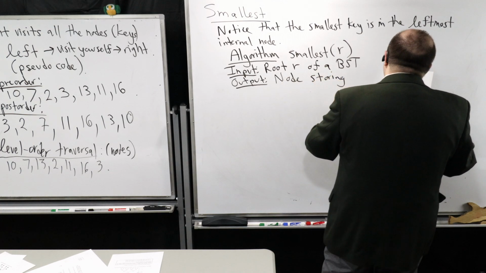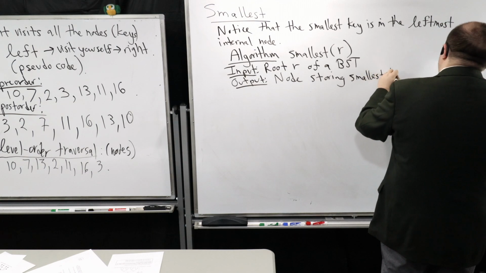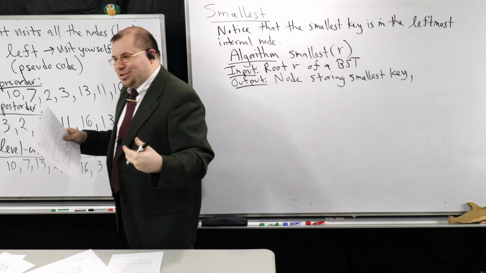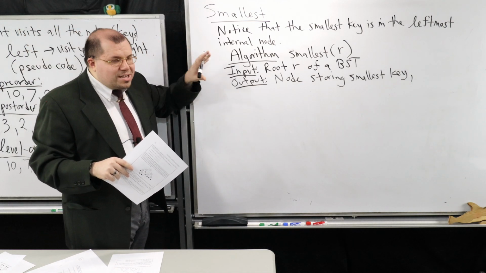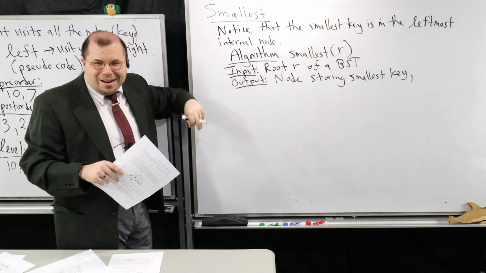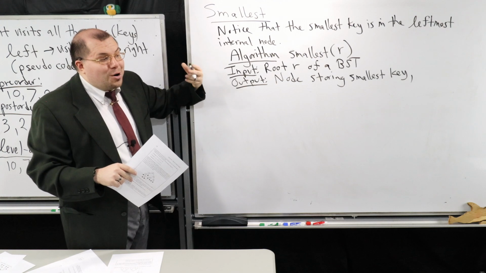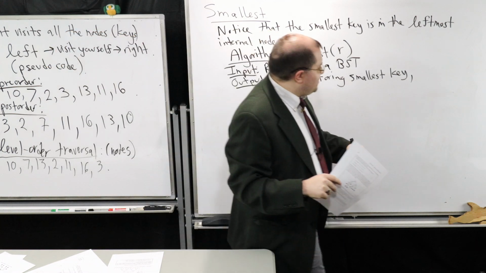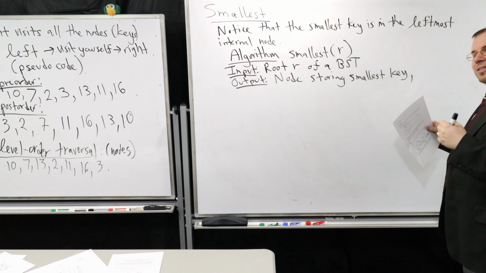storing the smallest key. You might ask, why am I returning the node? Because at the beginning I defined it as returning the data, the record, right? I'm going to be using this to build some more complicated algorithms later. So I'm going to give it to you this way, and it's very easy to modify it to have that behavior. I'm going to present some of the other operations you're familiar with in this way too.